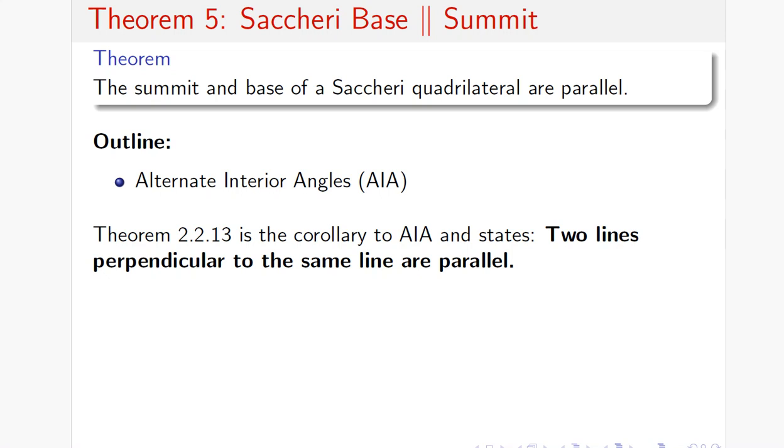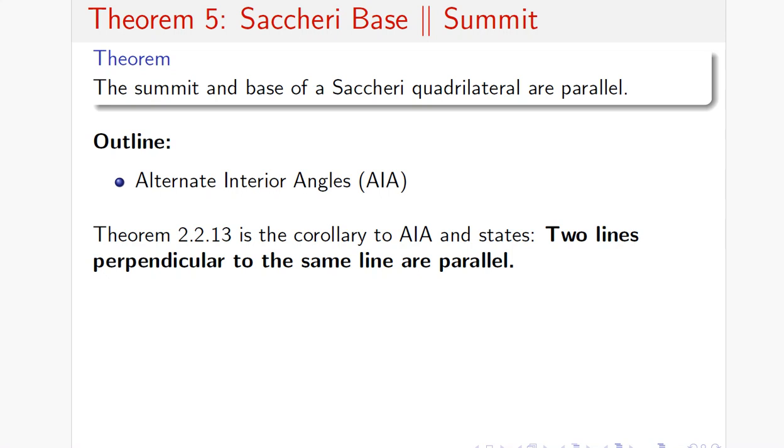And if you want to check this out, I'm trying to see where it is. I'm sorry, it's in 2.2. I am just struggling to find which theorem. 2.2.12 is the alternate interior angle theorem: if two lines are intersected by a transversal such that a pair of alternate interior angles is congruent, then the lines are parallel.